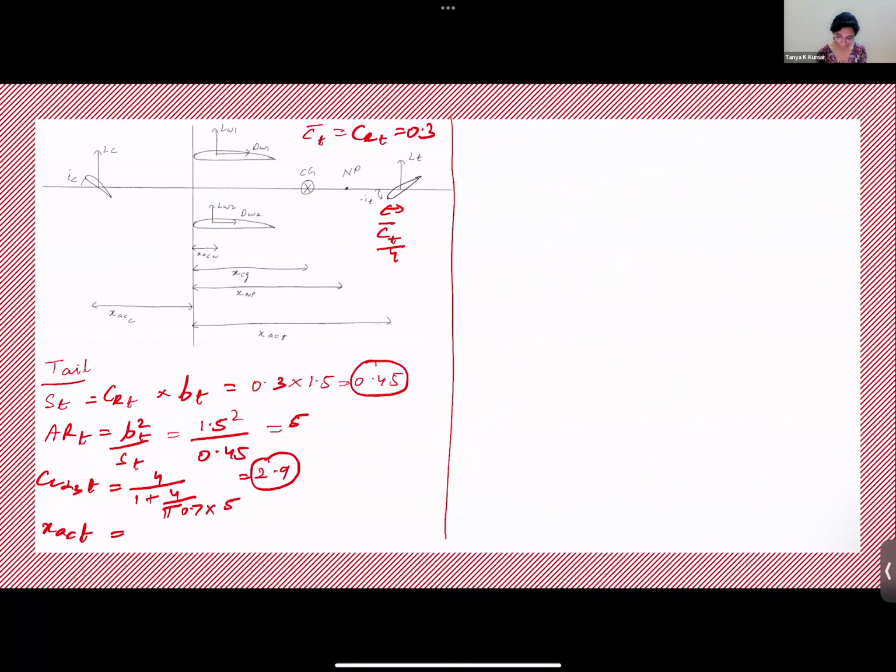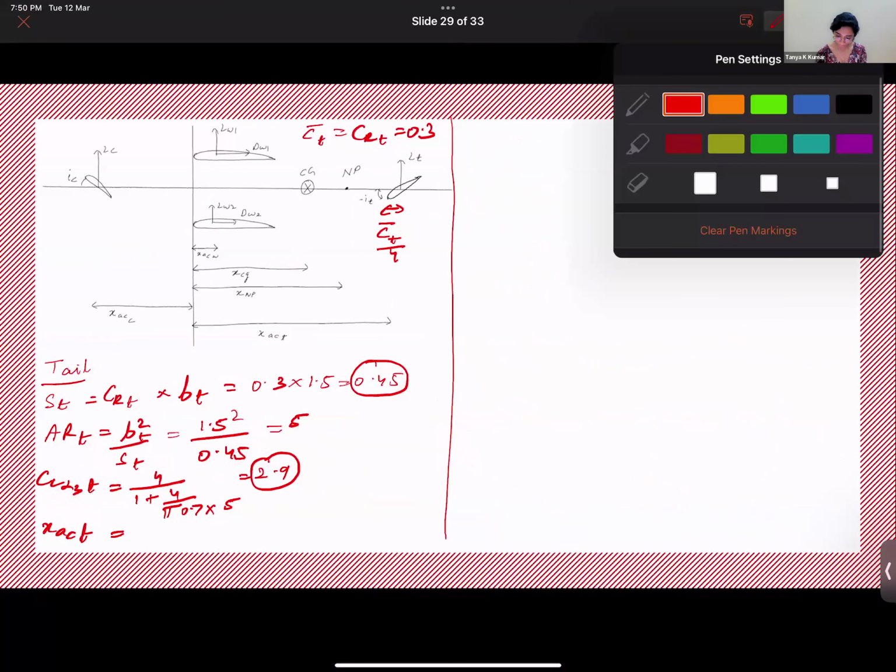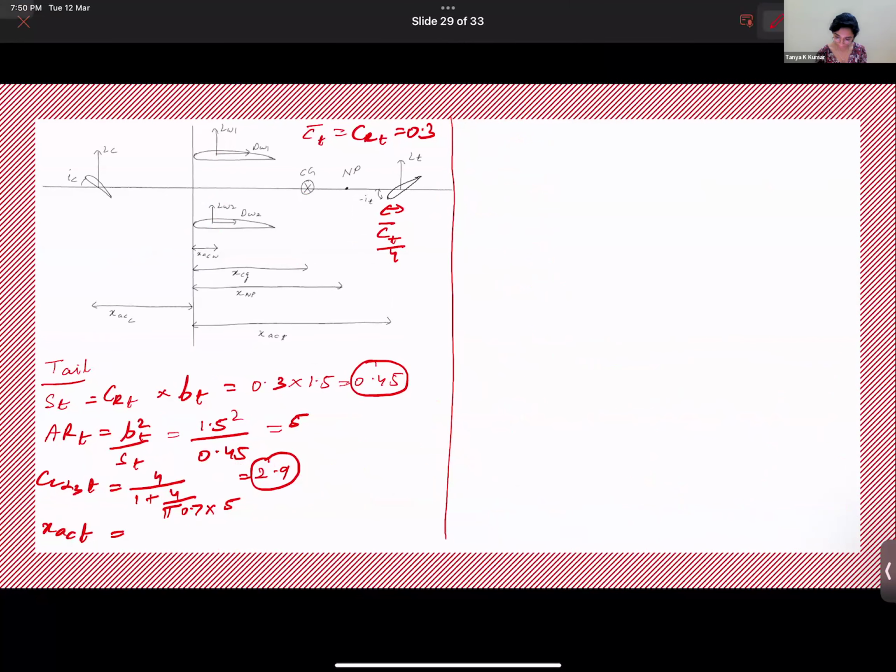Where will it be? So you have this is 4, this is 0.5, and this small quantity is 0.3 by 4. So it is just 4 plus 0.5 plus 0.3 by 4. Yes? Is this clear? I know it's slightly confusing, but are you able to follow this?